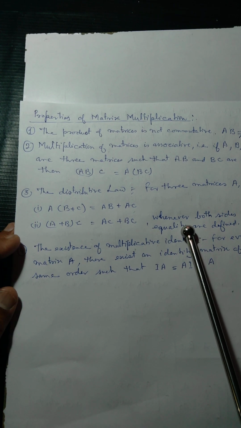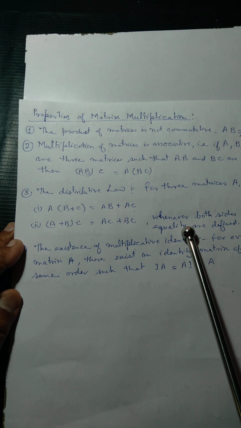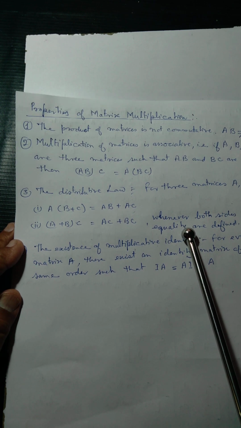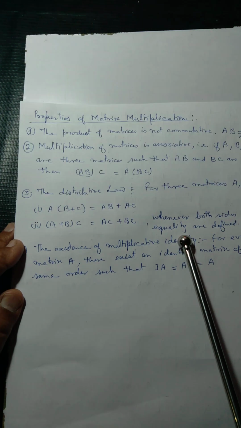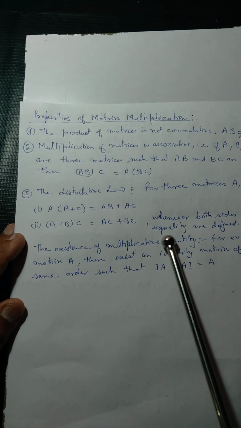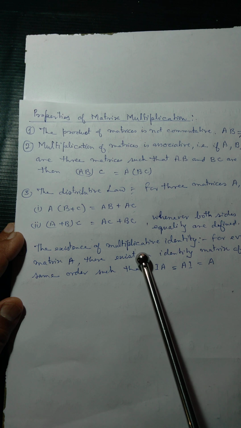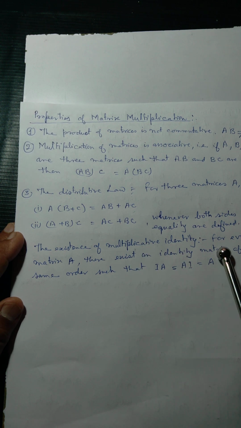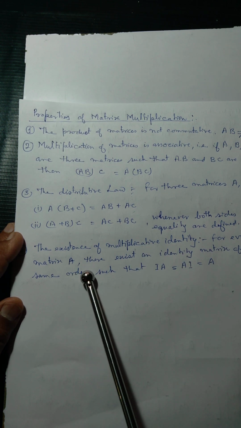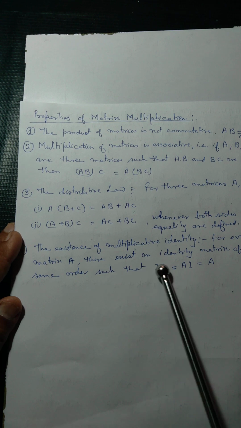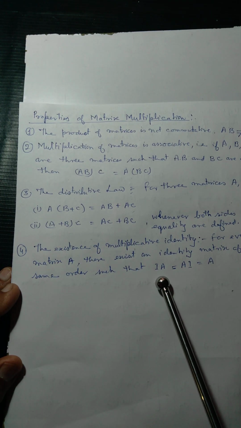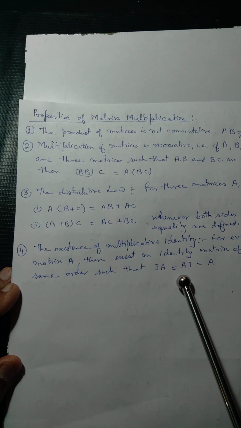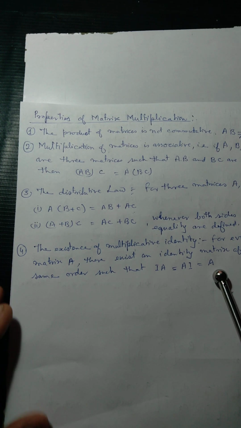That is, the number of columns of the first matrix should be equal to the number of rows of the second matrix. That is the essential condition. The existence of multiplicative identity: for every square matrix A, there exists an identity matrix I of the same order such that IA equals AI, and that is equal to A.